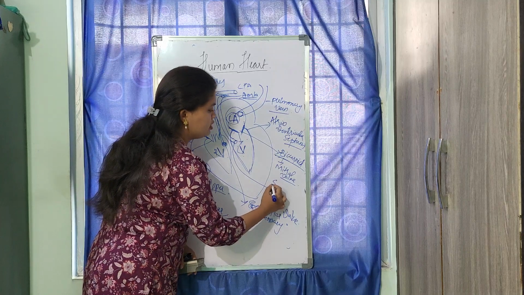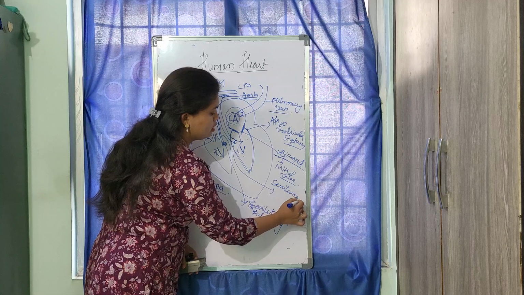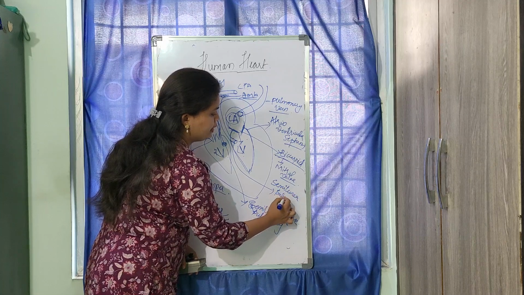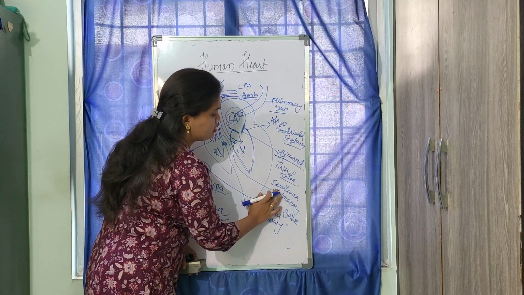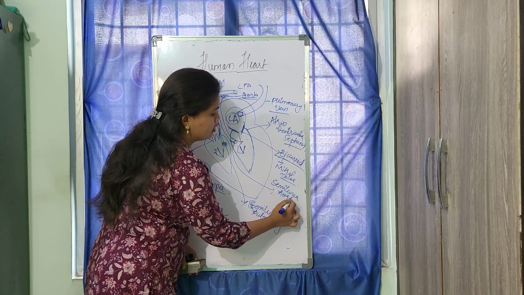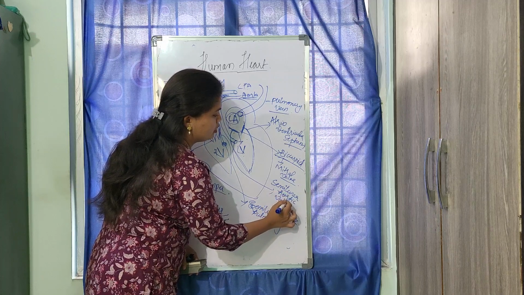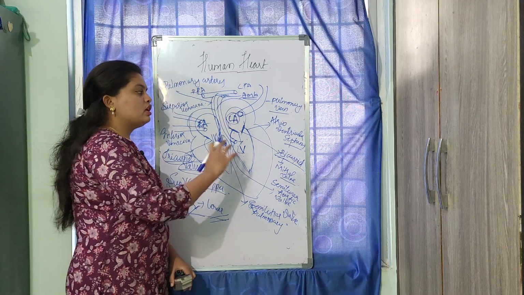It is called the semilunar aortic valve. So these are some of the valves.